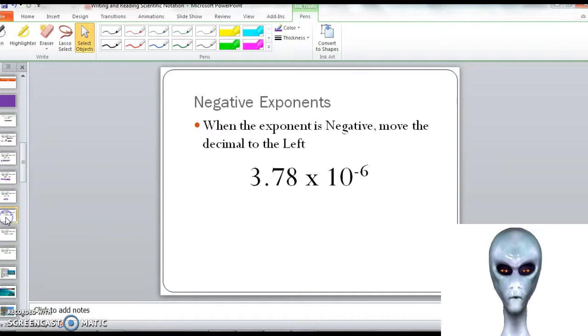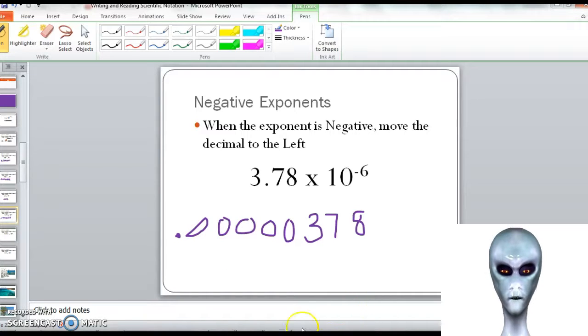And why don't we do one more example? 3.78 times 10 to the negative 6th power. I'm going to write down my digits. Move it to the left 6 times. 1, 2, 3, 4, 5, 6.